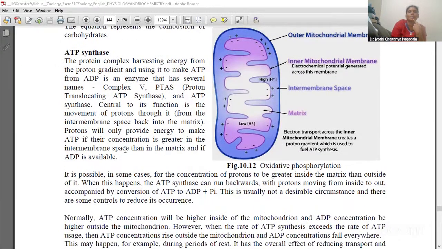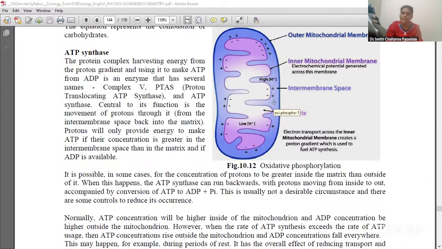Central to its function is the movement of protons through it, from the inner membrane space back to the matrix. In some cases, the concentration of protons is higher inside the matrix than outside of it.